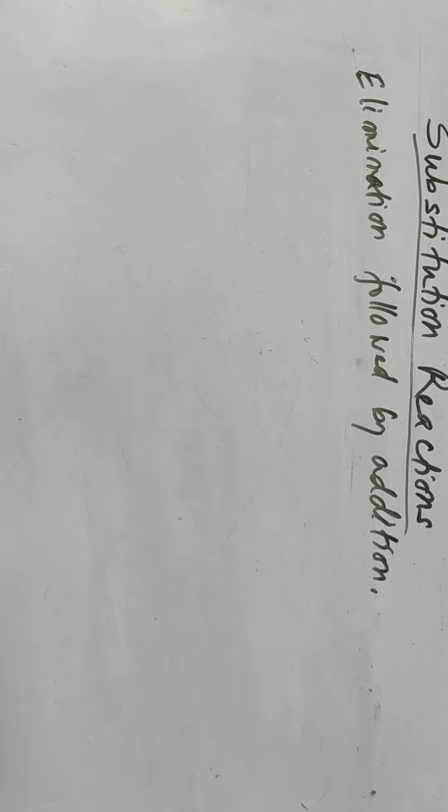When a carbon has a group which has a very strong capacity for departure with the bonding electron pair, then we have the unimolecular solvolysis reaction.